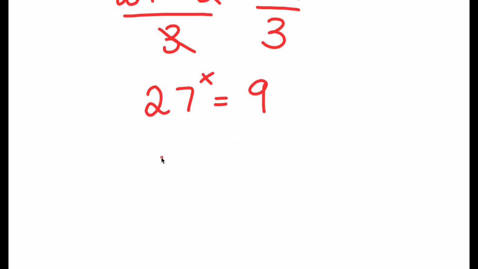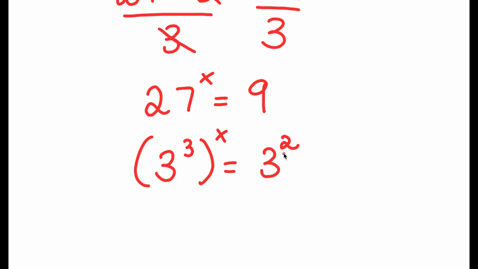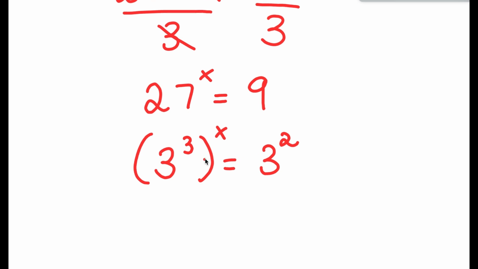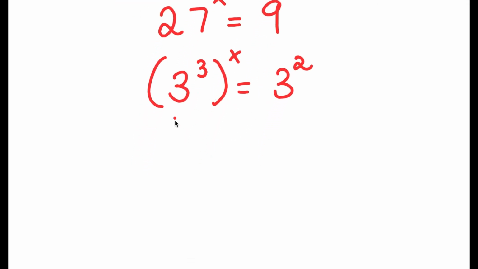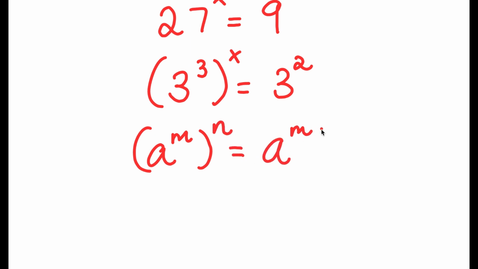Now 27 is the same thing as 3 to the power of 3, and 9 is the same thing as 3 squared. So if I have something in the form a to the power of m to the power of n, this is equal to a to the power of m times n.